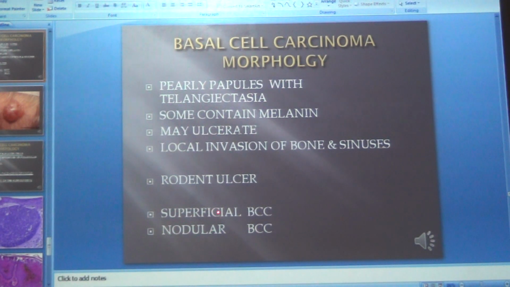Superficial ones are usually multifocal. The nodular type can present as raised massive lesions, and their prognosis is poor compared to superficial basal cell carcinoma.